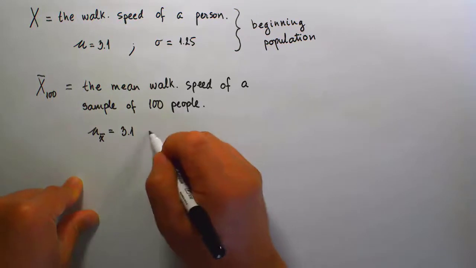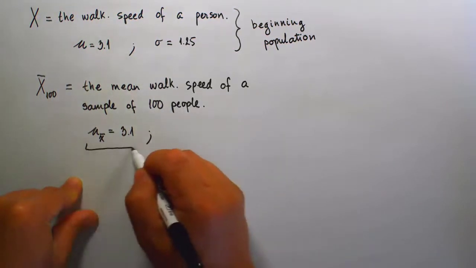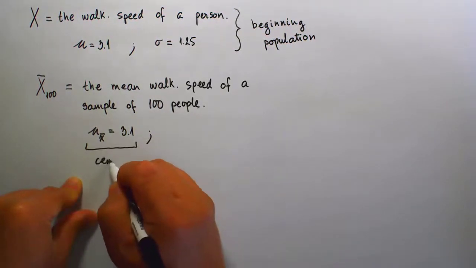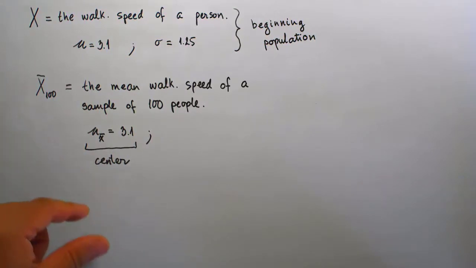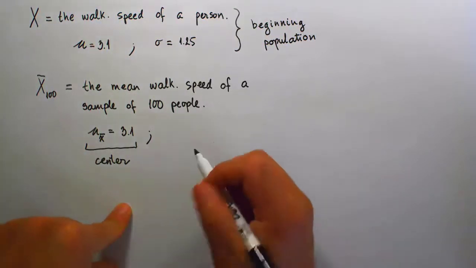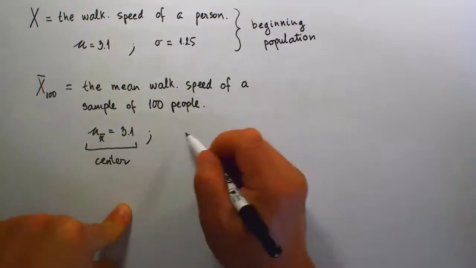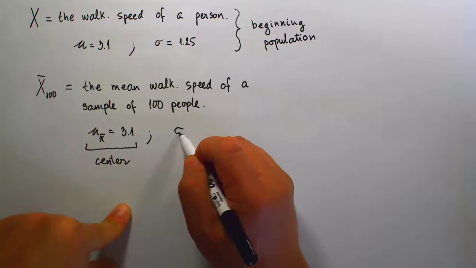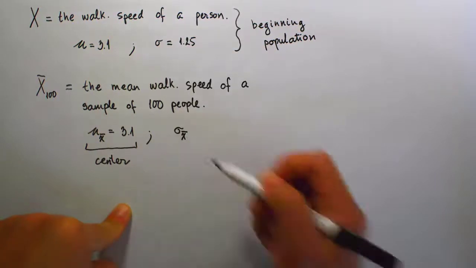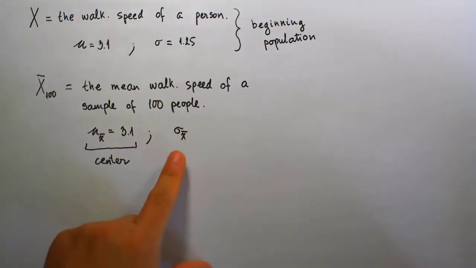The next question after center, so this is center. The reason I can speed up the process here is because we have seen these actions in the earlier example quite step by step. After center being referred to as mu x bar, average spread is sigma x bar, the standard deviation of all sample means.